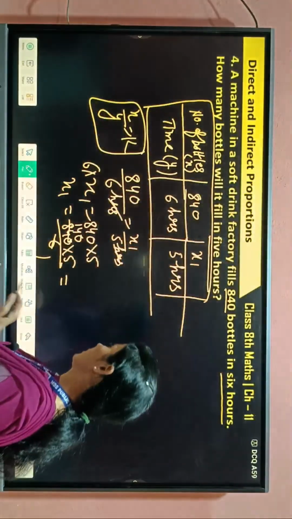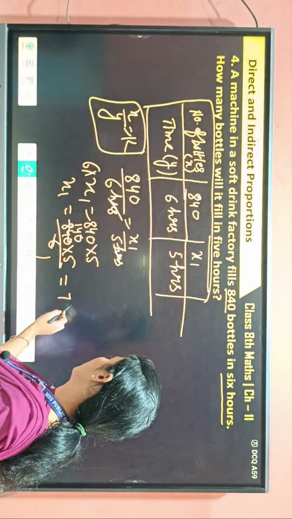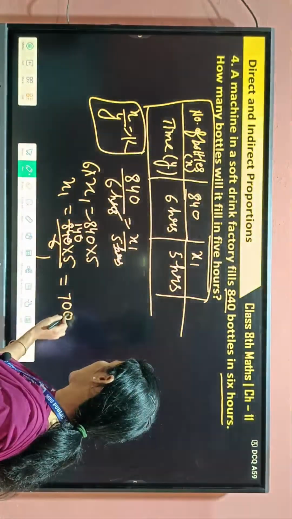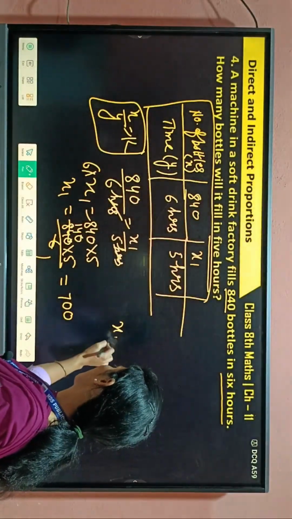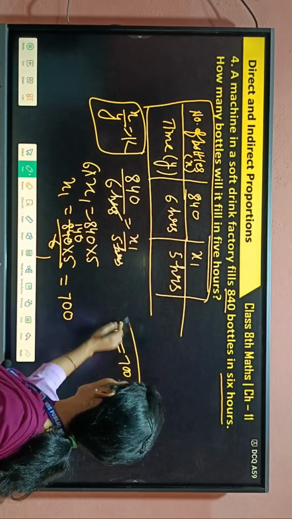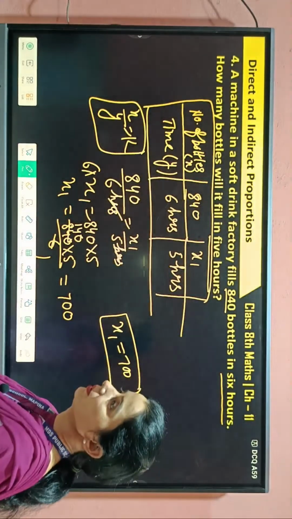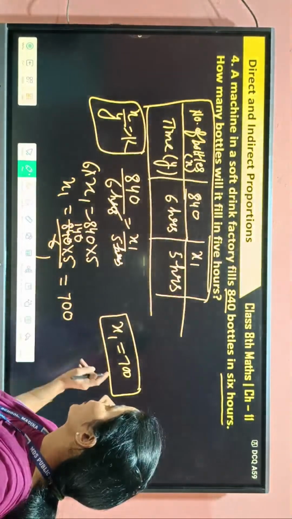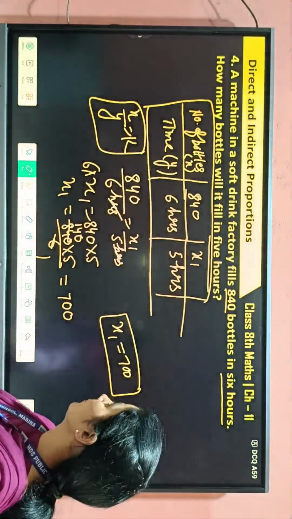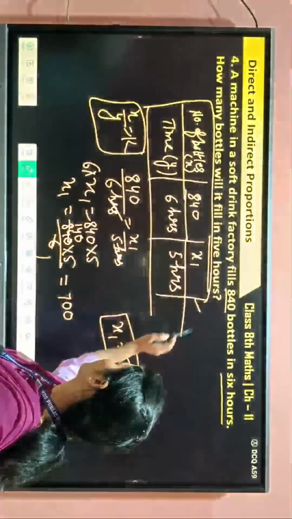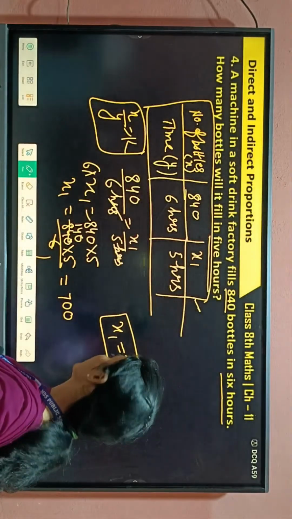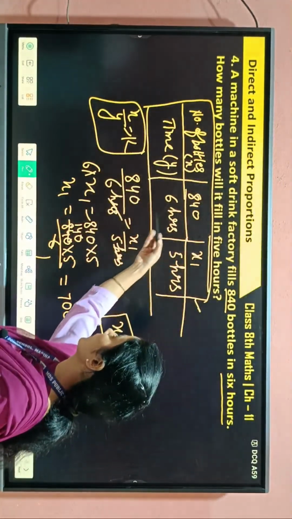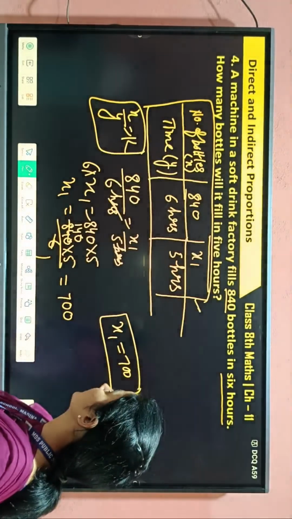And 14 times 5 is 70, with the 0 as it is. X1 is 700. So how many bottles will be filled in 5 hours? 700 bottles. Less time, fewer bottles will be filled, and more time, more bottles will be filled.